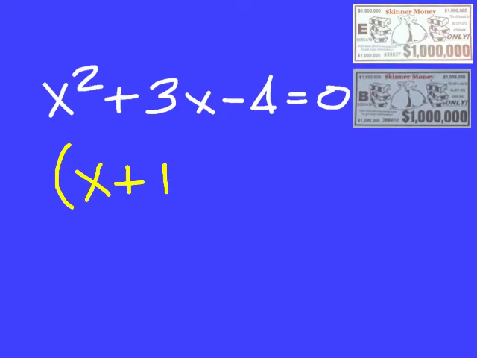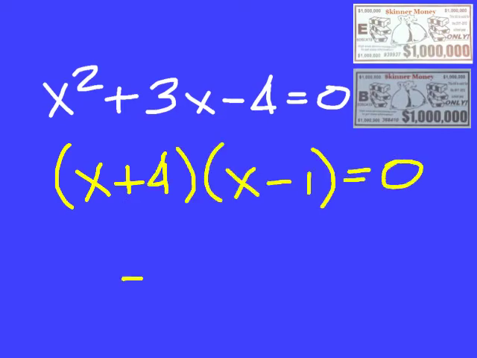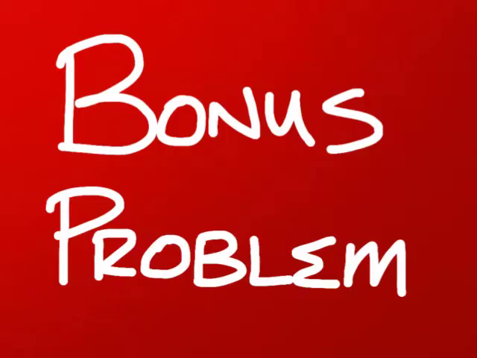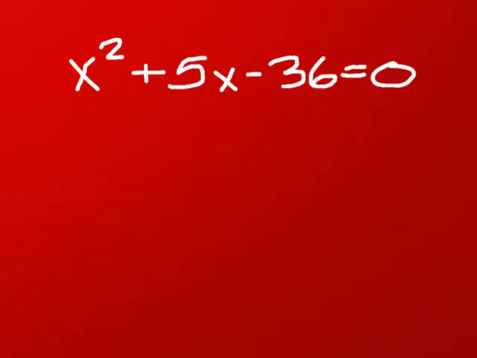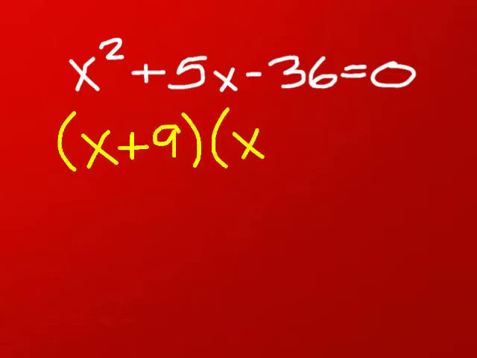On this one, x plus 4, x minus 1. And you should have a -4 or +1. The bonus problem should factor out as +9 and -4.